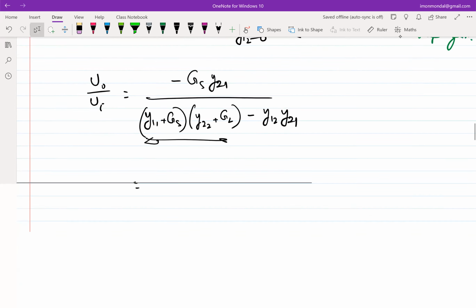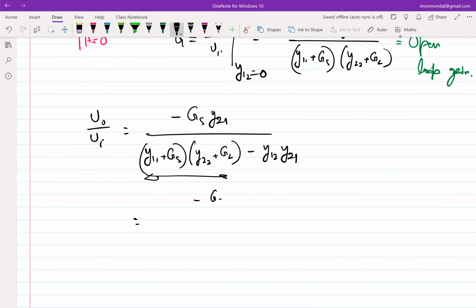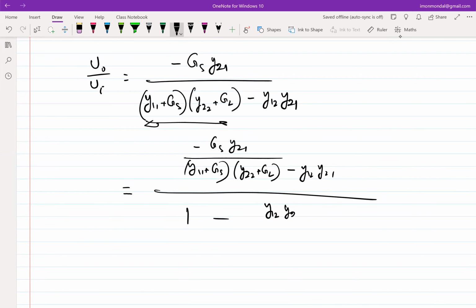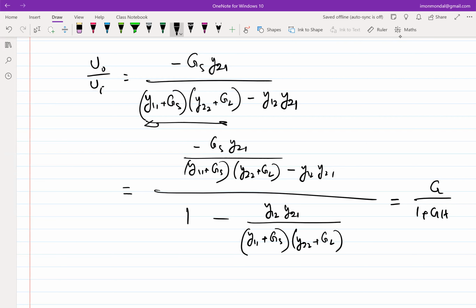So this becomes... Okay, and this should be equivalent to G by 1 plus GH. I'm trying to find that equivalence.